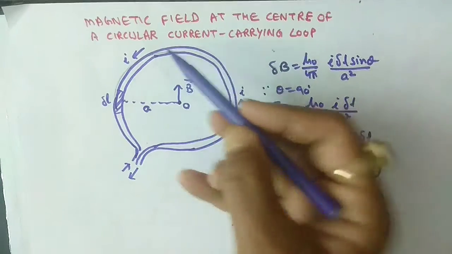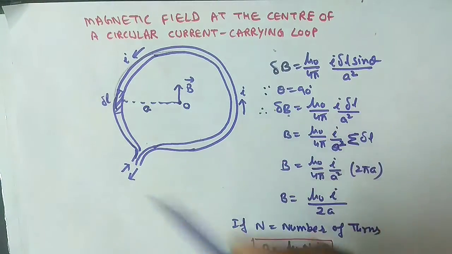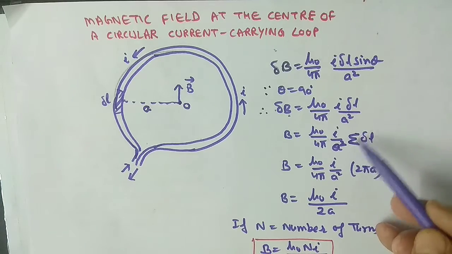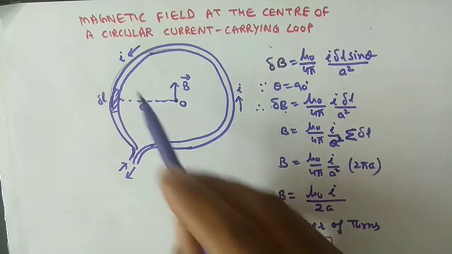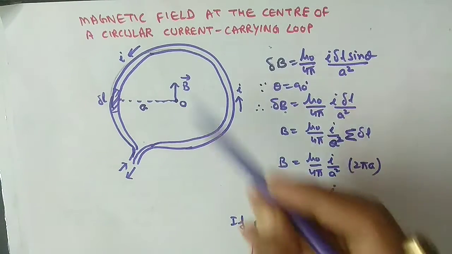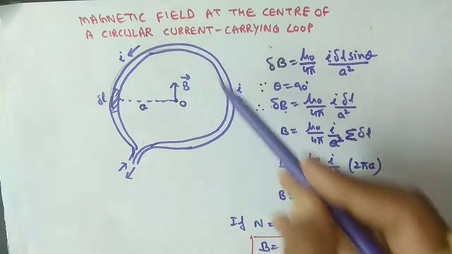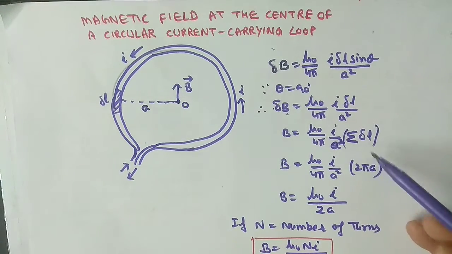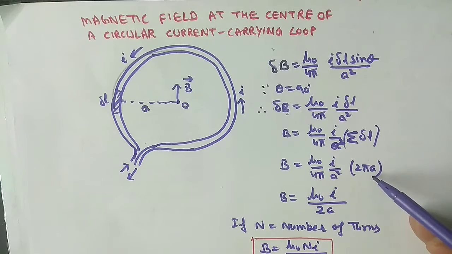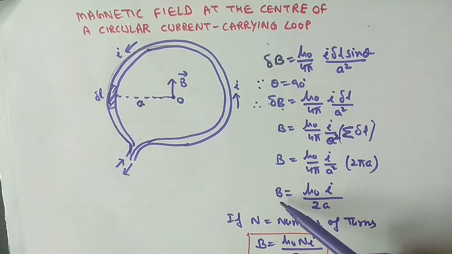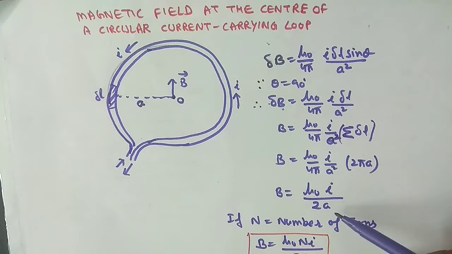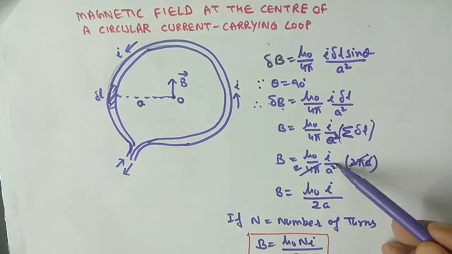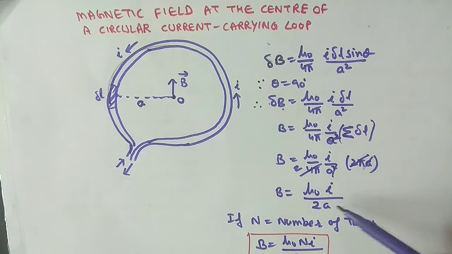You are adding all the small lengths of this circumference, so take the integration, or simply the sigma sign, since you are adding all the small parts. The total of del L becomes equal to its circumference, so instead of this value we can write 2 pi a, where a is the radius of this circular loop. So B is equal to mu naught I upon 2a, because 2 pi is cancelled 2 times, and one a is also cancelled. So it is mu naught I upon 2a.